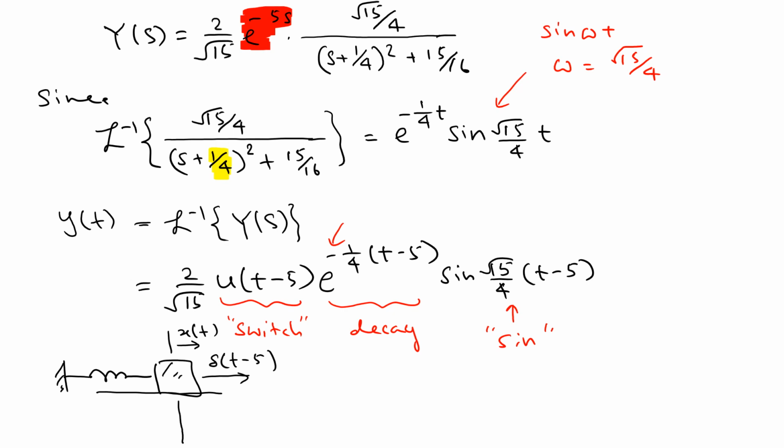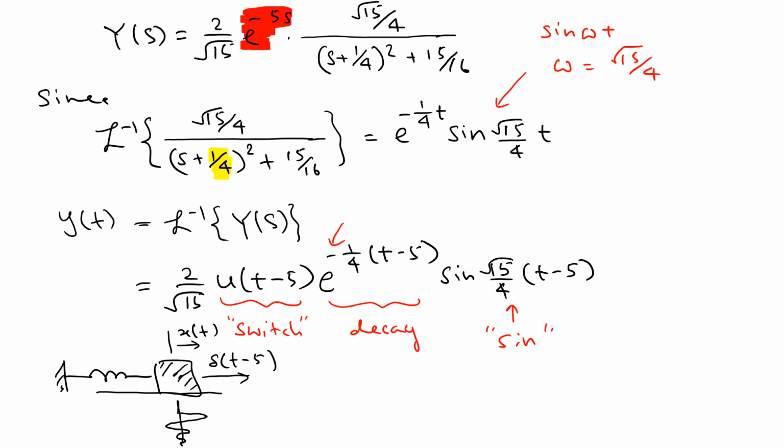It starts there, we wait 5 seconds, and all of a sudden it goes in this direction because the impulse is on that, then slows down, and at the end it stops. And that's exactly what we normally see in a real situation.